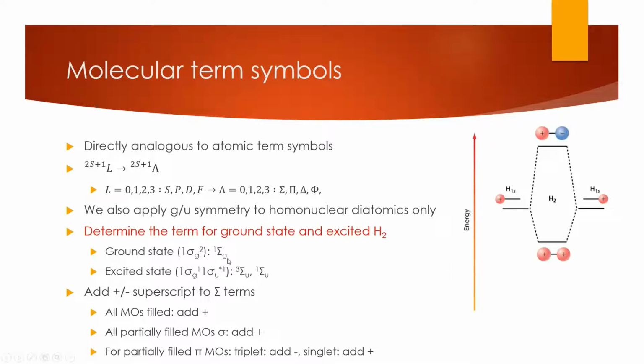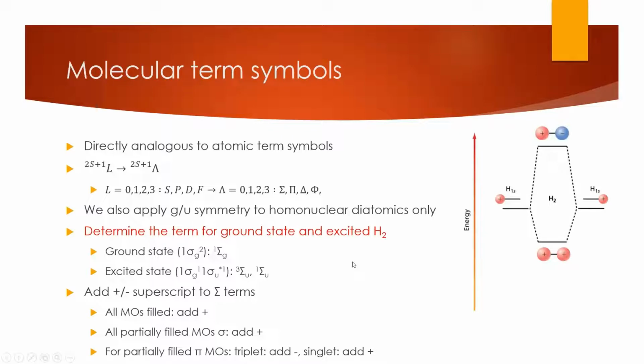So for our ground state, we would have 1 sigma g, then put a superscript plus to denote that symmetry. If all partially filled MOs are sigma, which is the case for both of these states here, we would also add a plus. In the case that the partially filled MOs are pi's, and we'll see this for oxygen, the triplet state gets a minus and the singlet state gets a plus. If you're interested, there's a supplemental section in the back of chapter 25 that goes through this. We're not going to cover this in class, and I'm not going to expect you to know it, but you can check it out if you are interested.